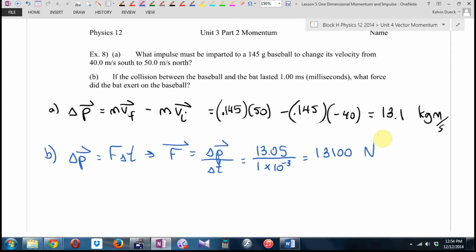Divide that by 9.8. That's the same as having how many kilograms dropped on you. 1,300. Yeah, that would be enough to do damage, possibly kill you. And a baseball bat would do damage, possibly kill you, depending on where it hit you. So I think these numbers are about right. I was trying to make up reasonable numbers. Moral of the story is if someone's swinging a baseball bat, get out of the way.